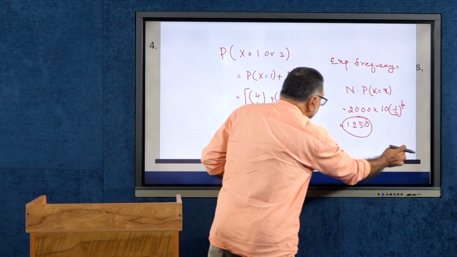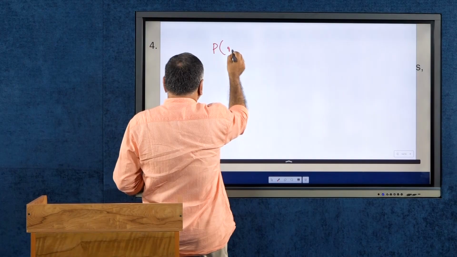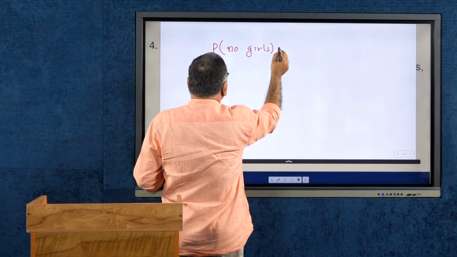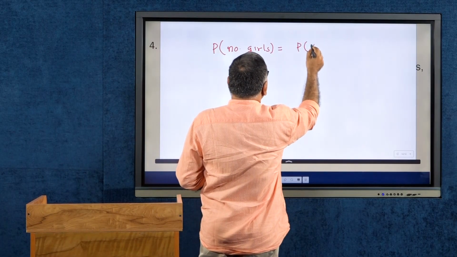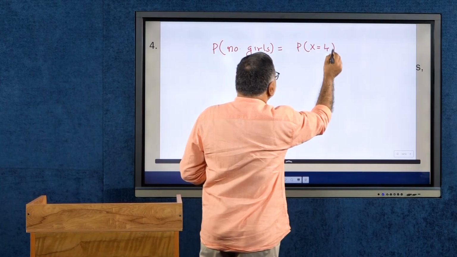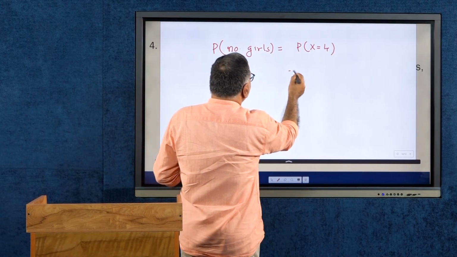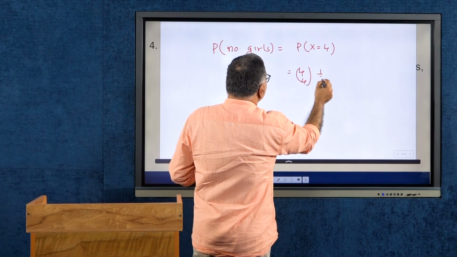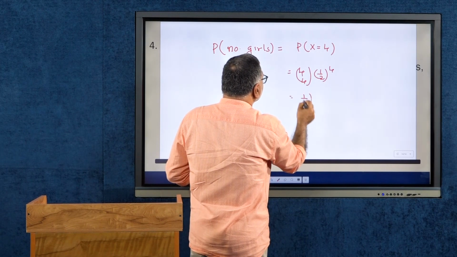Suppose we want the probability of no girls among the children. That means all are boys, so x is equal to 4. That is 4C4, p to the power 4, q to the power 0, which is (1 by 2) to the power 4.